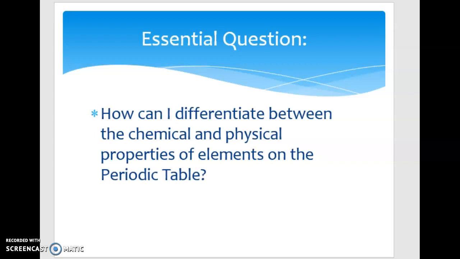Hi guys and girls. Today we're going to be looking at how we differentiate between the chemical and physical properties of elements on the periodic table. So we're going to move into the periodic table and look at those elements in this unit. In order for us to do that, let's review a little bit. We've already talked about physical and chemical changes in matter.